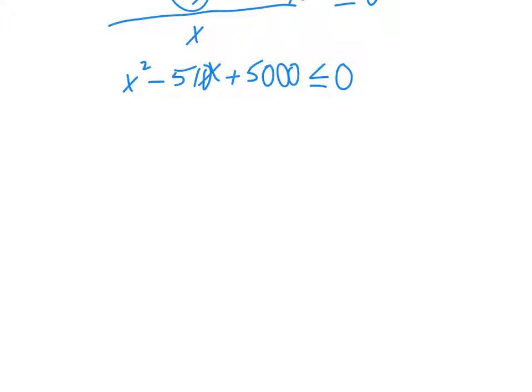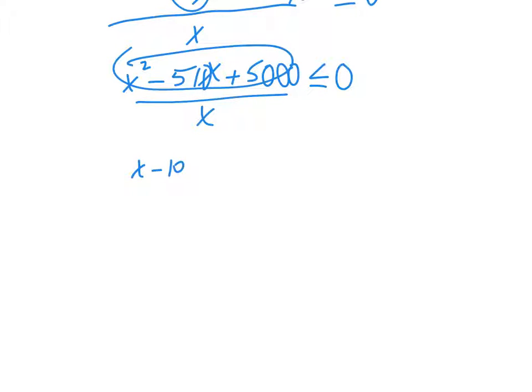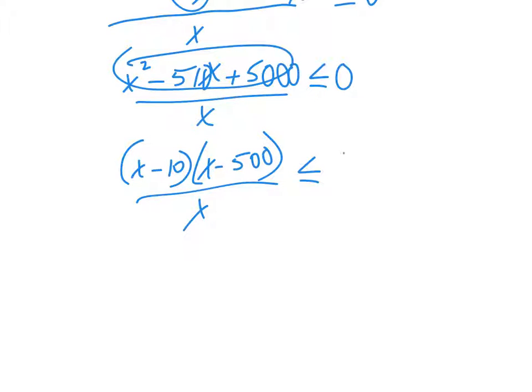And we didn't do anything with the x, so the x is still down here. Alright, so let's go ahead and factor that. And that's still over x, and that's less than or equal to 0. Okay, so now it's factored as low as we can go.